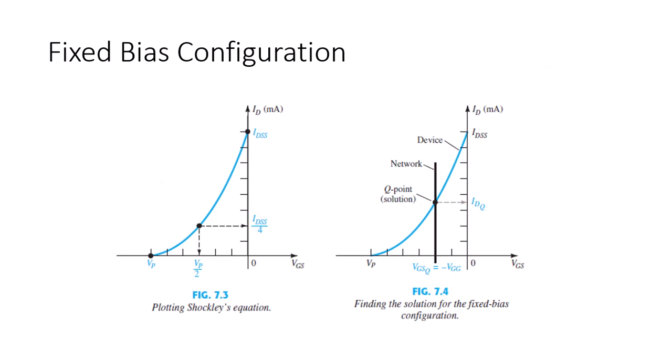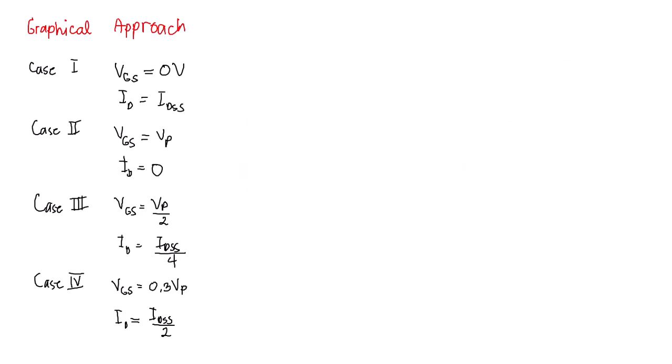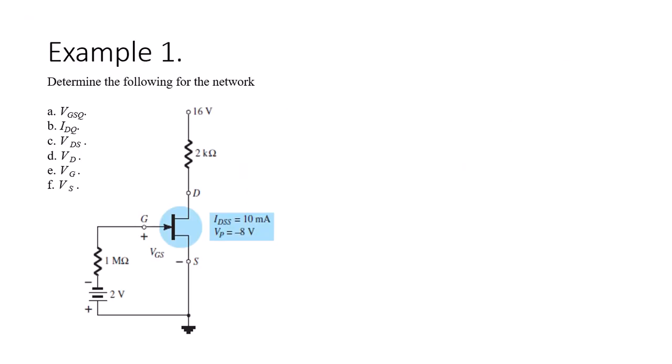And in here, this will be the graphical approach or method in dealing with the fixed bias configuration. So first, we will apply the mathematical approach in solving this problem.